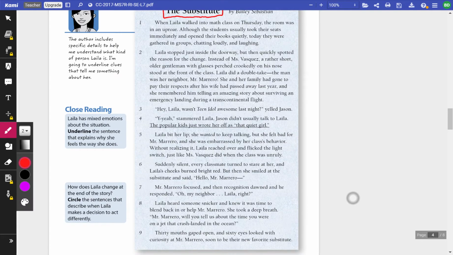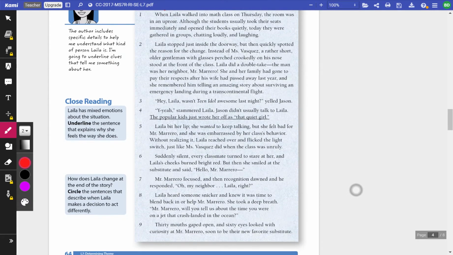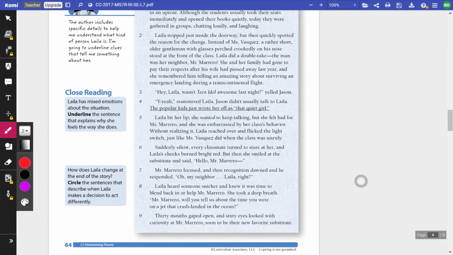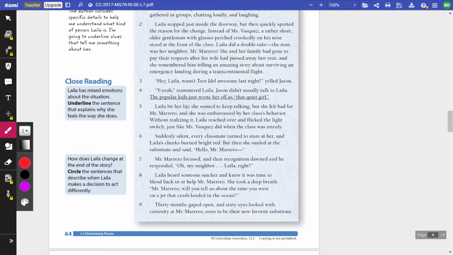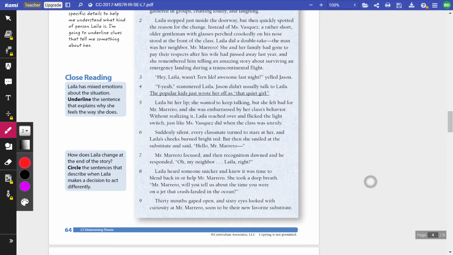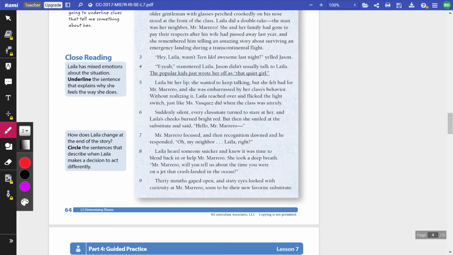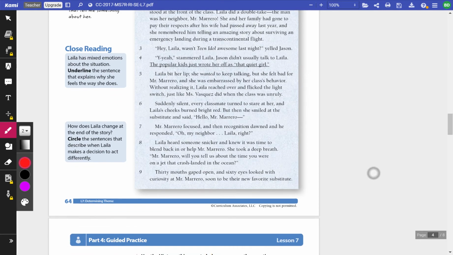"Hey, Layla, wasn't Teen Idol awesome last night?" yelled Jason. "Yeah," stammered Layla. Jason didn't usually talk to Layla. The popular kids just wrote her off as that quiet girl. Layla bit her lip. She wanted to keep talking, but she felt bad for Mr. Marrero, and she was embarrassed about her class's behavior. Without realizing it, Layla reached over and flicked the light switch, just like Miss Vask used to do when the class was unruly.